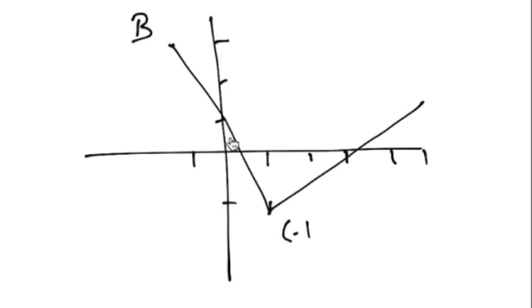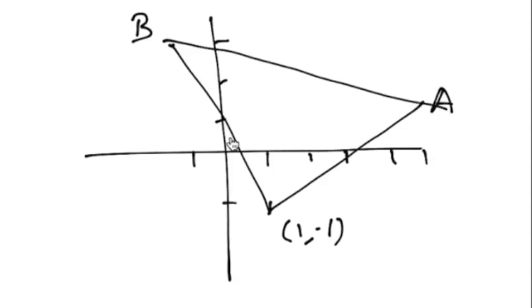If we want to find the 3 more points that are equidistant from A and B, then we just have to find the line through P for which every point is equidistant. So if P is 1, negative 1, A is 5, 1, and B is negative 1, 3, then if we just find 1 more point on this line, we can use these 2 points to find the equation.